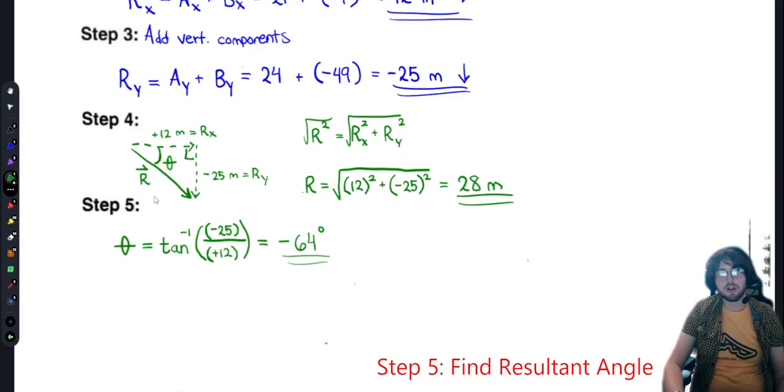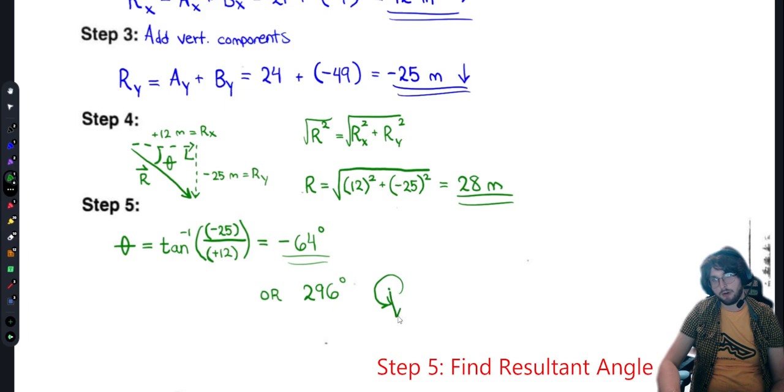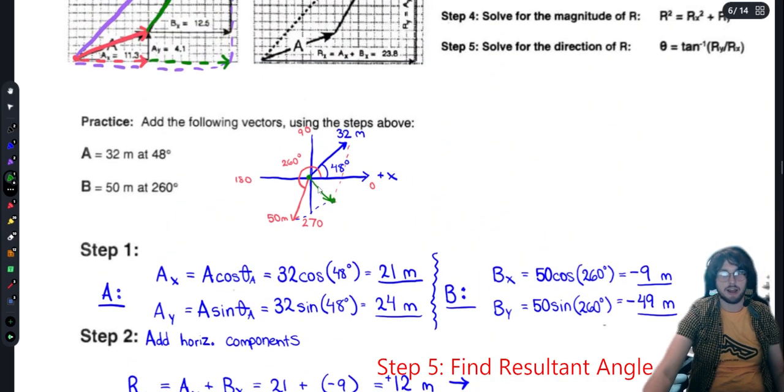If you wanted to figure out where this thing is at, what you could do is add this value to 360 degrees. So you could do 360 plus -64. And so your real angle is 296 degrees, if you're going all the way around to where we stated it would be at the start.